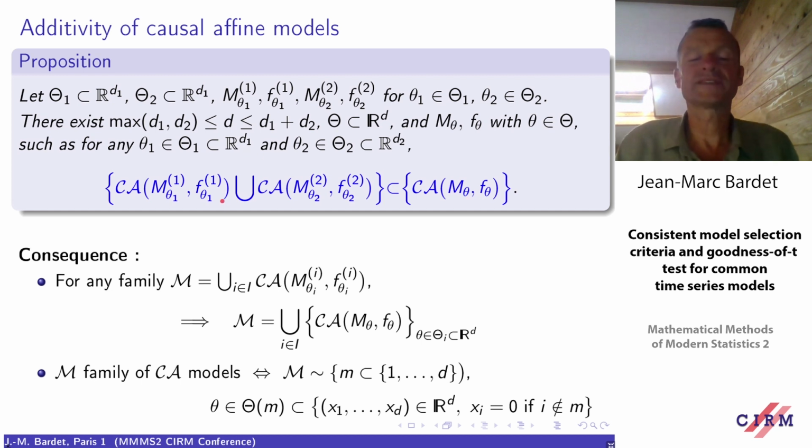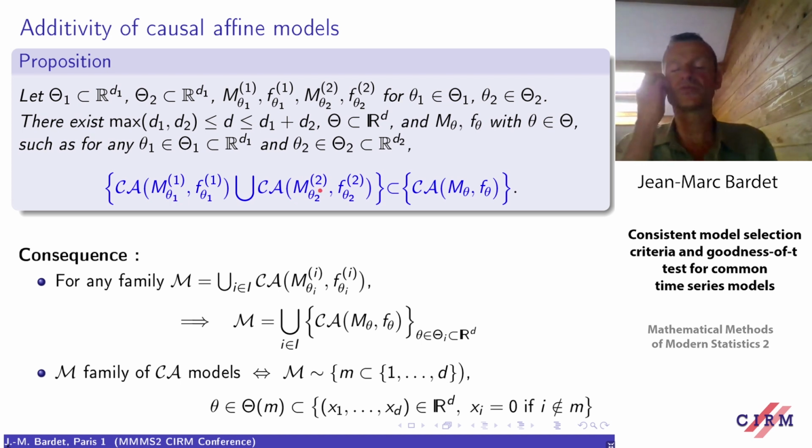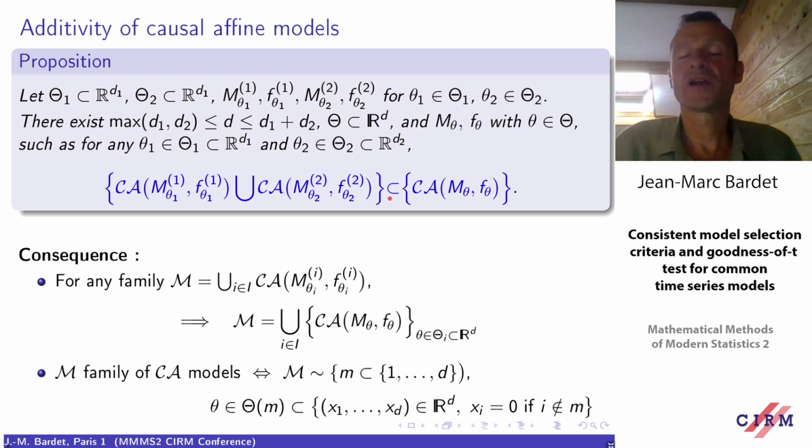It could be, for instance, the concatenation of theta 1 and theta 2, which are the parameters of both the causal affine models. This is really linked to the affine property.